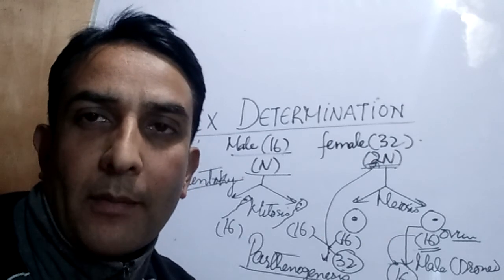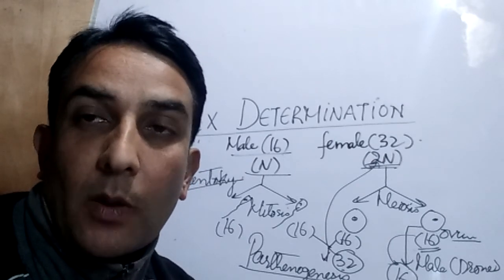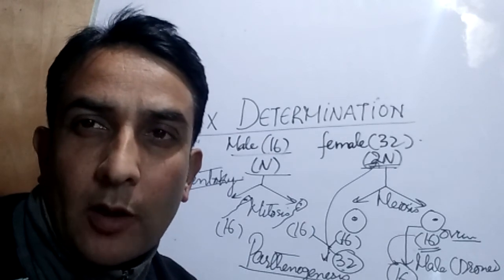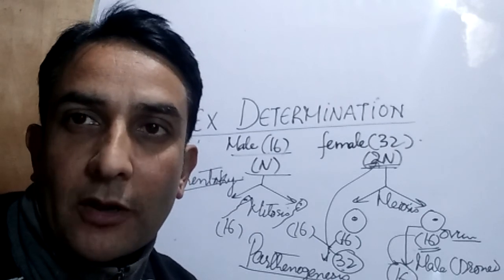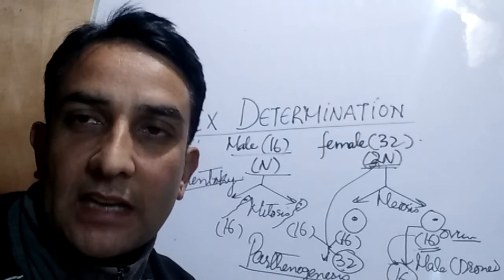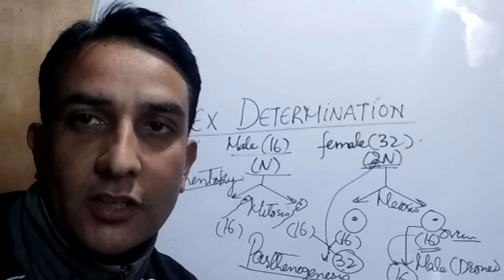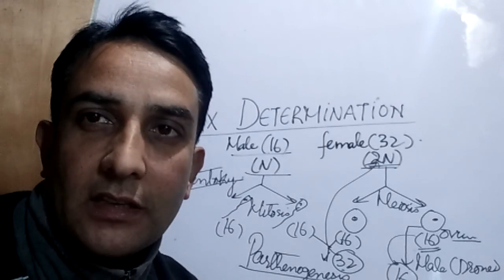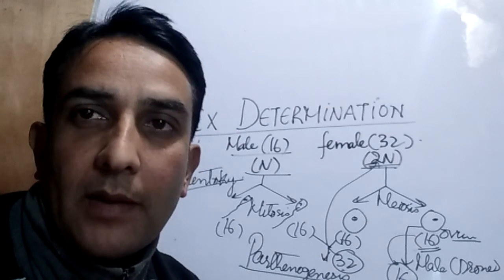You should remember this point: once gametogenesis sets in in the Hymenopterous insects, the male gametes, the spermatozoa, develop by mitosis, and the female gametes, the ova, develop by meiosis. Once fertilization occurs, the sperm fertilizes the ovum, and a diploid individual is formed, which will definitely be a female.